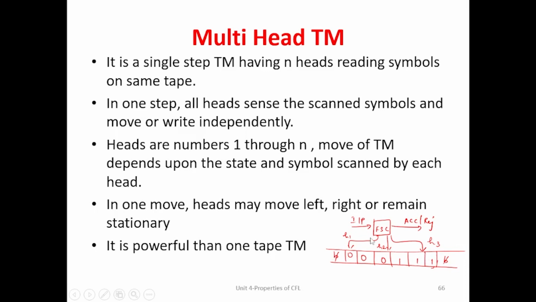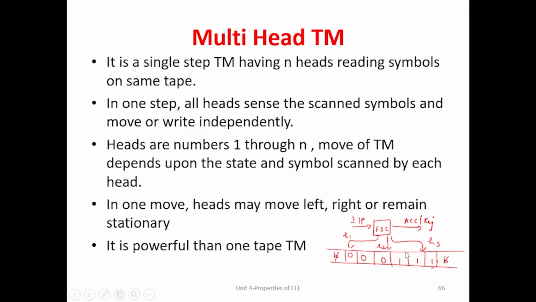There are n number of heads that can point to symbols on a tape, and these heads are controlled by a single finite state control. In one step, all heads sense the scanned symbol, and each can move or write a symbol independently. The heads are numbered from 1 to n.